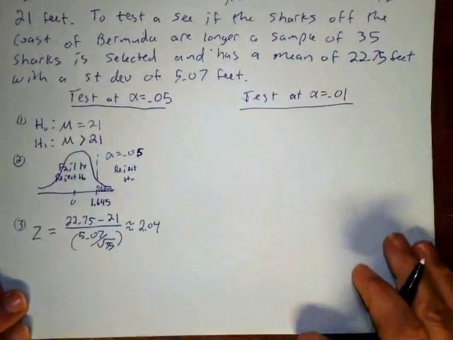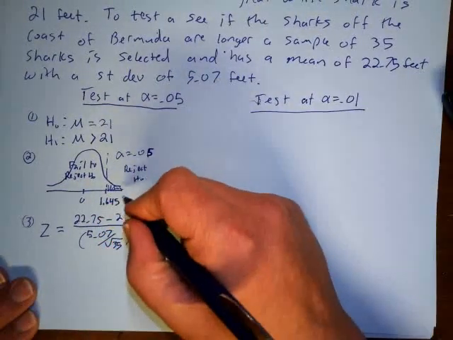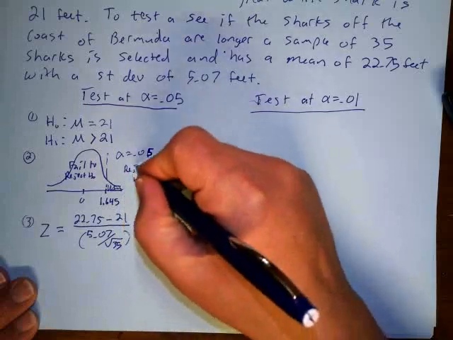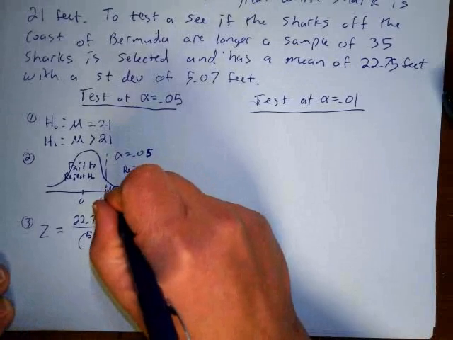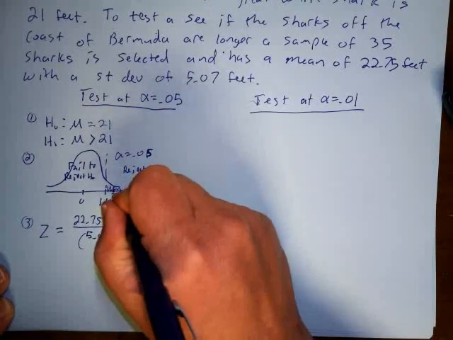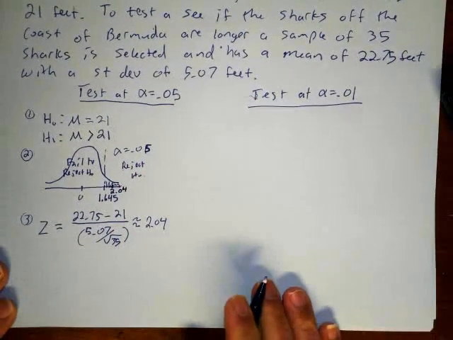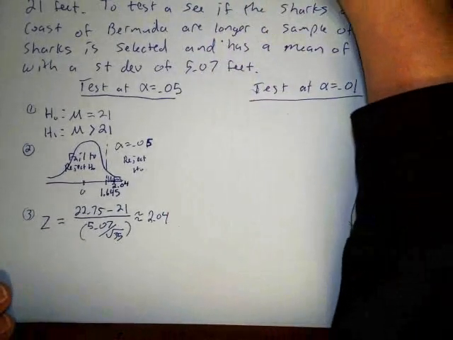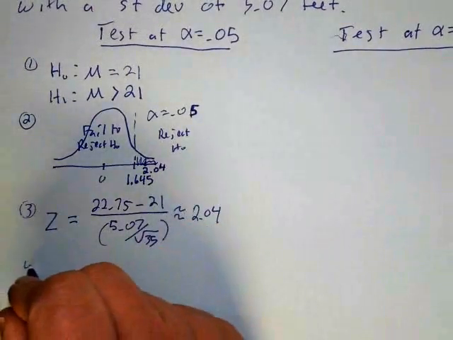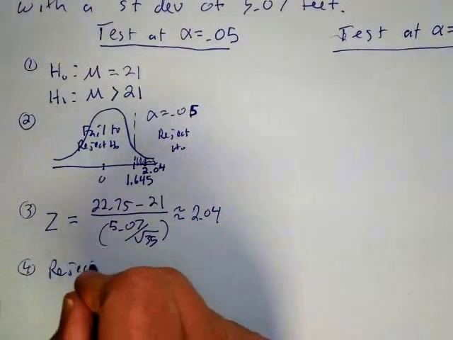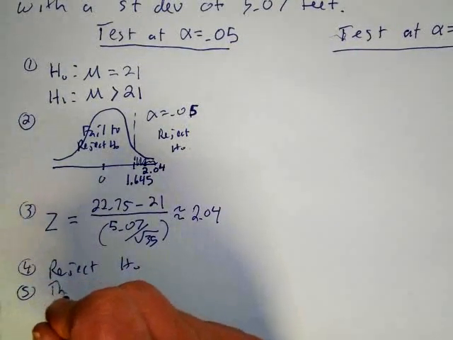Now let's look at my rejection. My critical value is 1.645, so if my test statistic is greater than that, I reject H naught. In this case, it is greater than that. 2.04 lies in the rejection region, so I'm going to reject H naught.